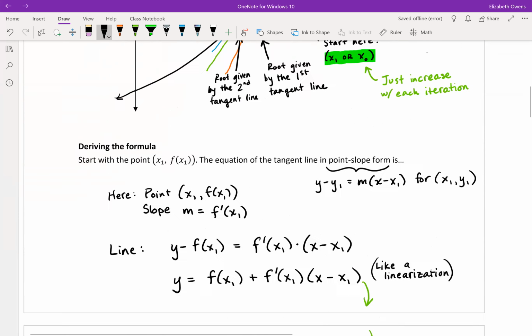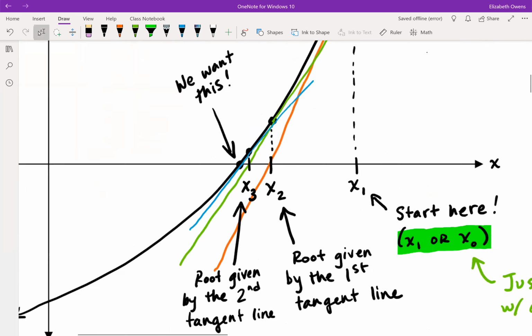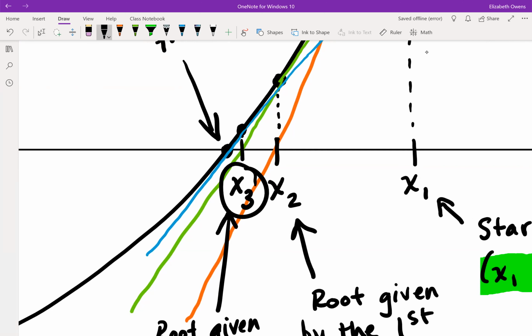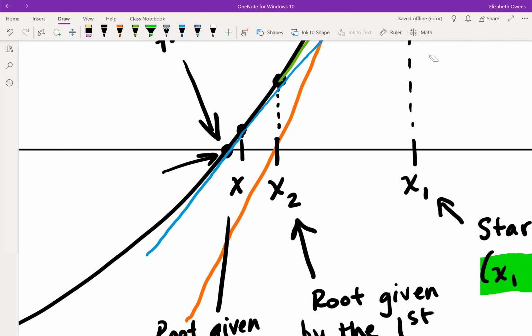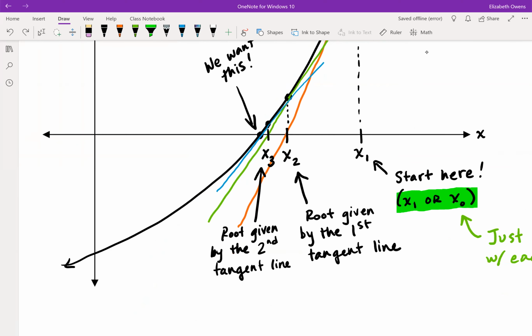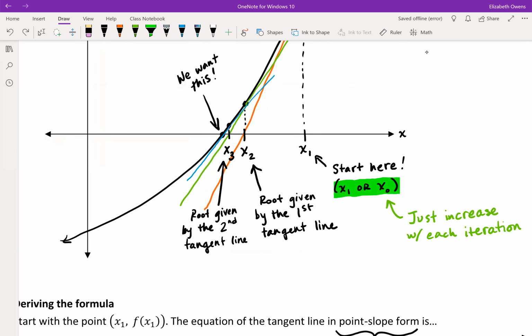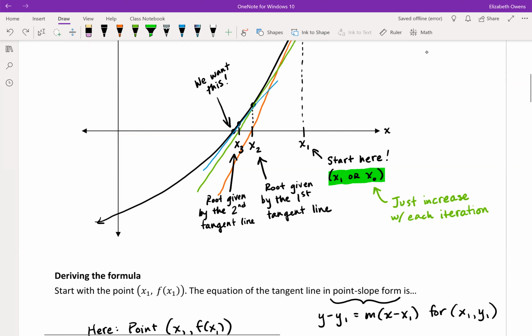And then let's say that you found x3 and you still wanted to get even closer to that root there. Remember that you can do this again. There's a blue tangent line drawn in there that on this picture looks like it gets us very, very close. That would be x4 that you're finding with that blue tangent line, finding the root of it.